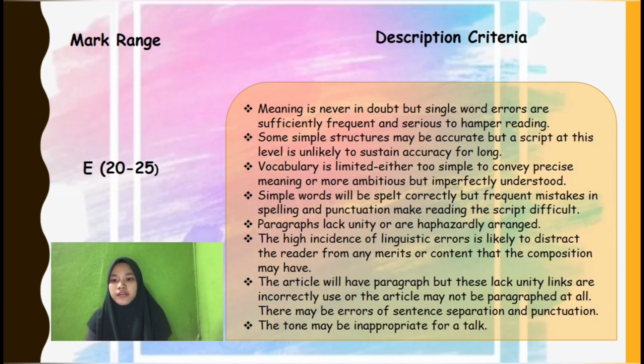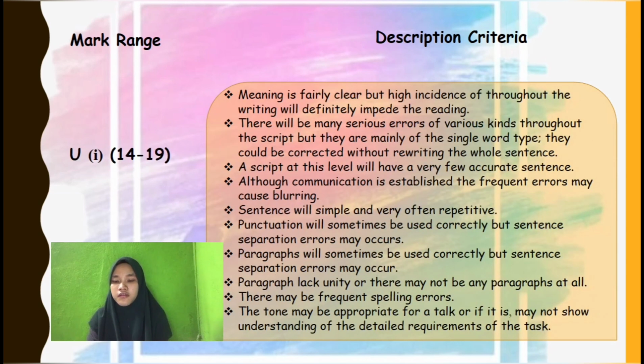Simple words will be spelled correctly. Paragraphs lack unity. The high incidence of linguistic error is likely to distract the reader. The article will have paragraphs, but they lack unity. The tone may be inappropriate for a talk.